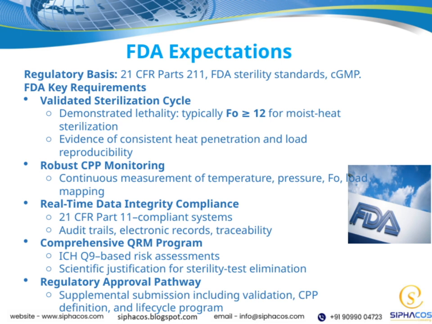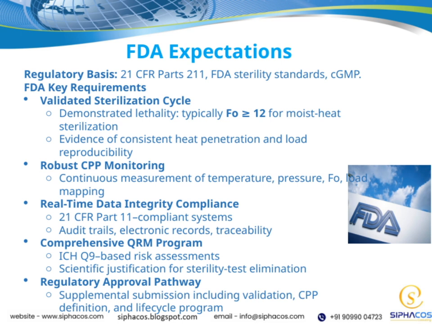Moving on to the FDA's key requirements, a validated sterilization cycle is essential. This means we need to demonstrate lethality, typically an F0 of 12 or greater for moist heat sterilization, to confirm that the process reliably kills all microorganisms. It's also important to provide evidence of consistent heat penetration and load reproducibility, so we know the process works uniformly every time.